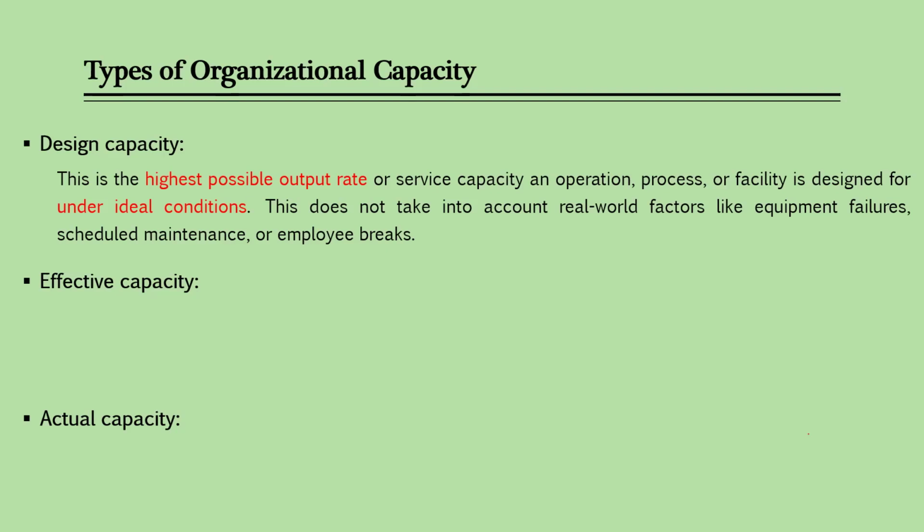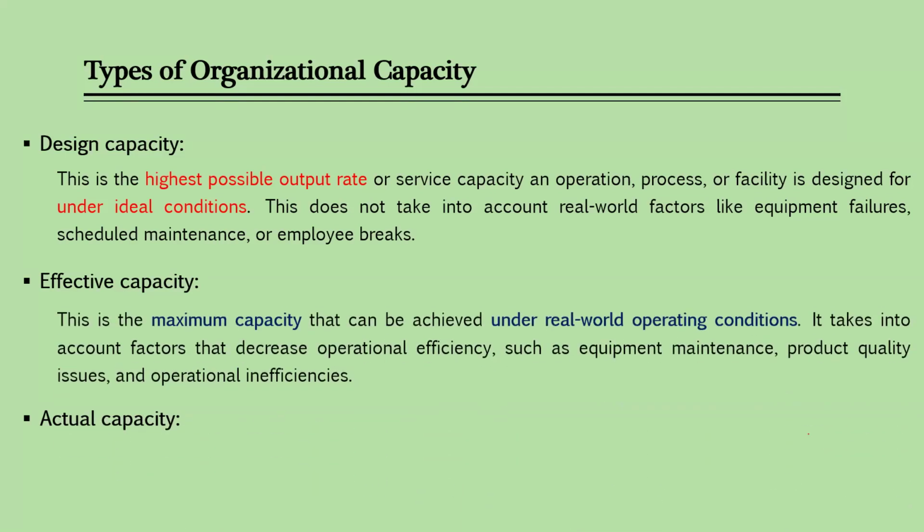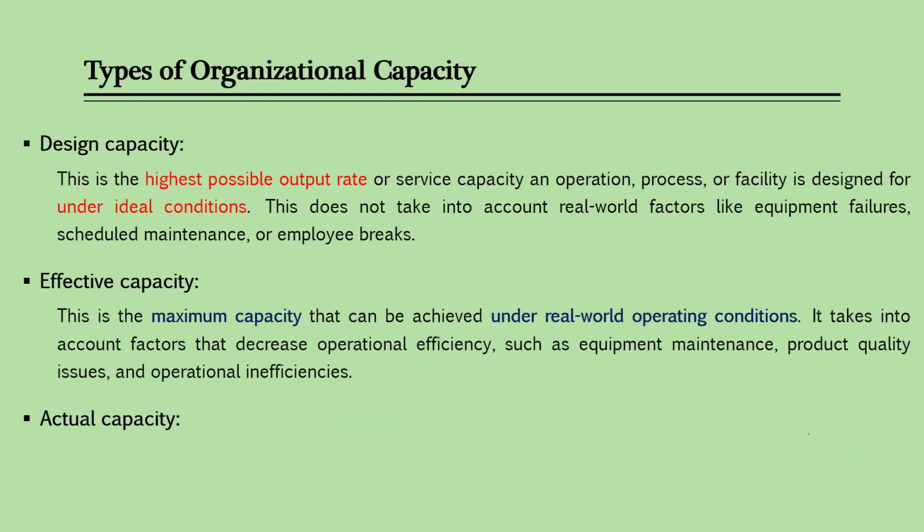Now let's see the next one. That is effective capacity. This is the maximum capacity that can be achieved under real-world operating conditions. It takes into account factors that decrease the operational efficiency. We know that in the real world, nothing is perfect. Everything is unpredictable. So they are going to take into account those factors such as there may be damages in the equipment, so they have to maintain that.